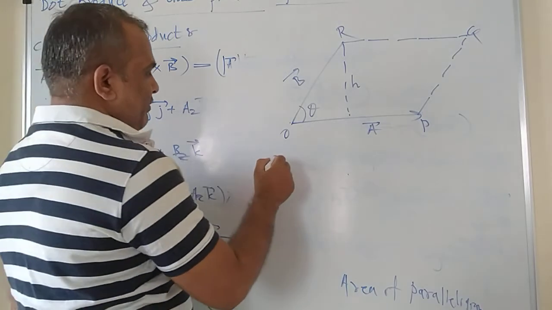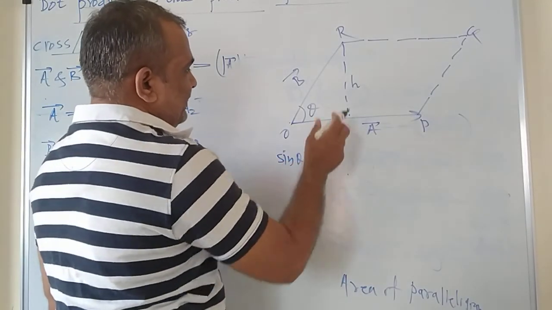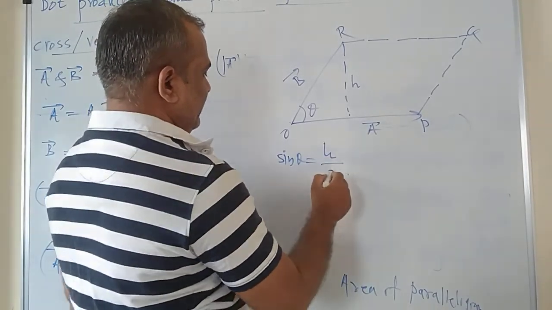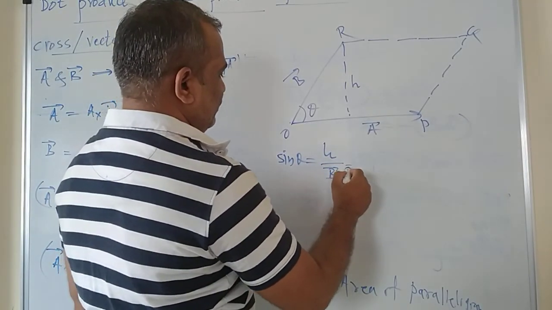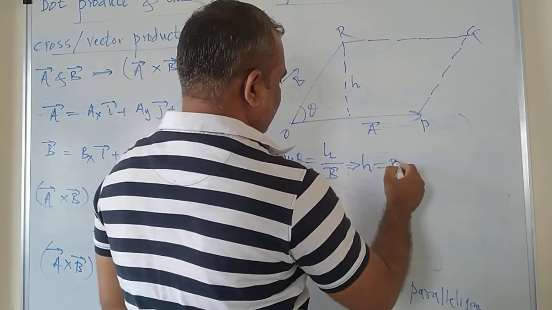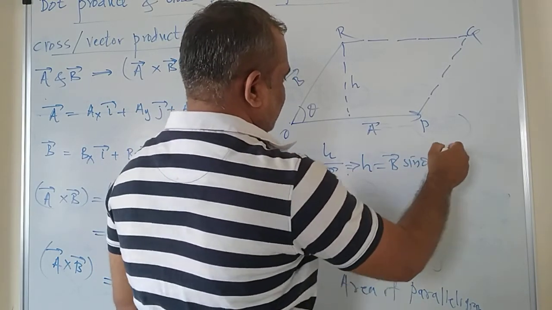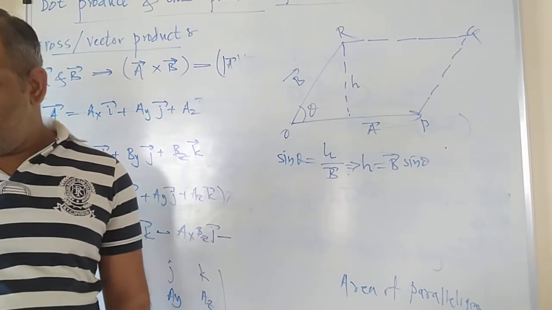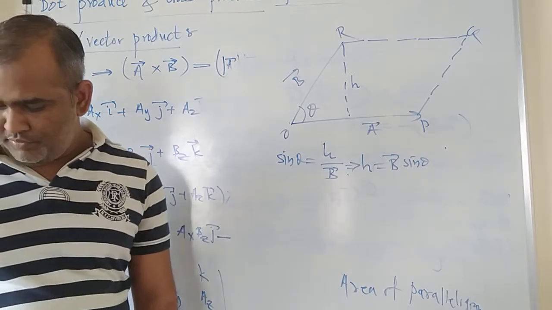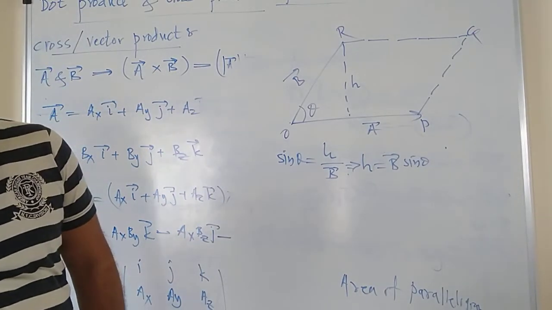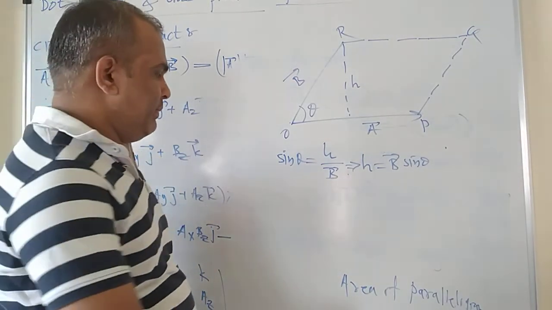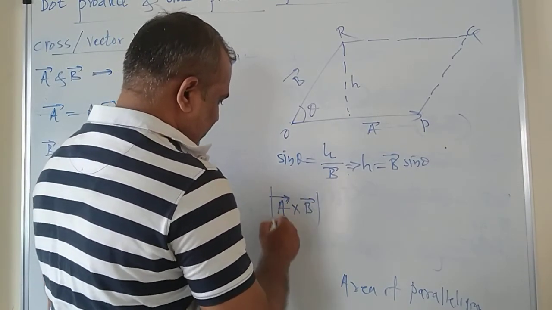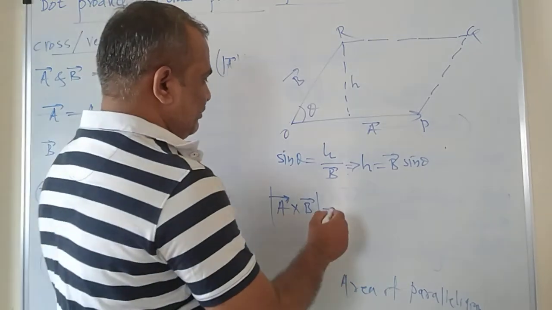Then you can calculate the value of sine theta. So sine theta equals the opposite side divided by the hypotenuse. The opposite side is h, the height, divided by the hypotenuse, which is b bar. So height equals b bar into sine theta. Got it? Therefore, what is the area of the parallelogram? The area of the parallelogram, the magnitude of the cross product of both vectors, equals base into height.